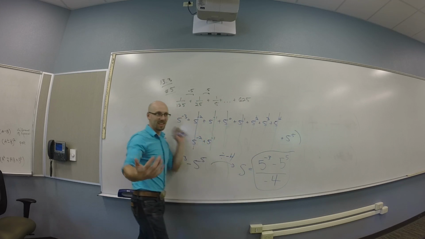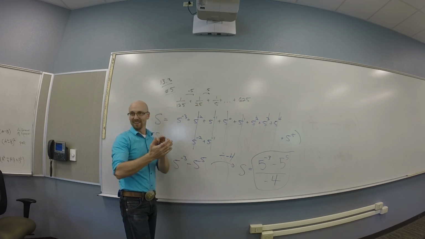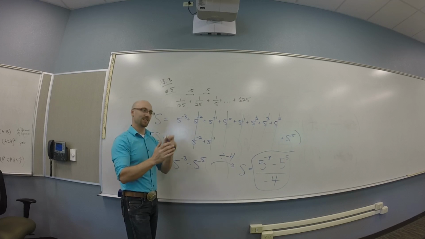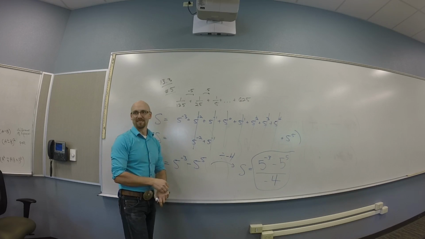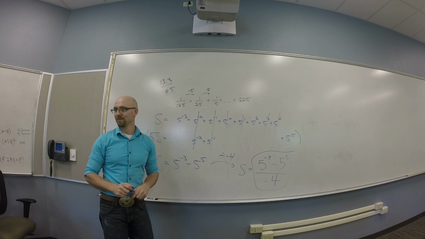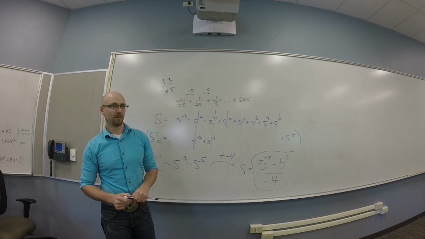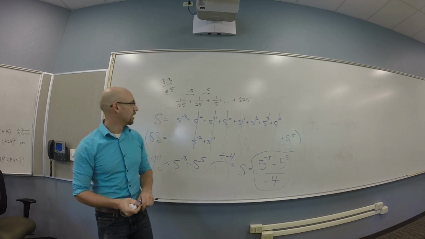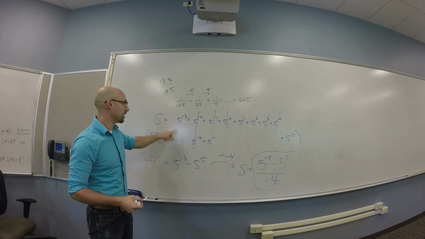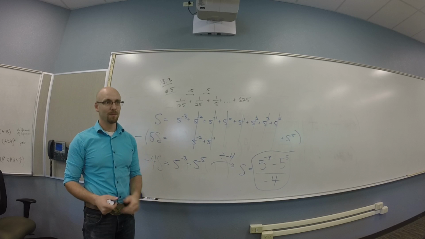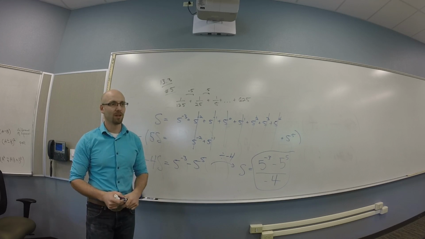It's just like a telescope when you put it away. The only thing you're left seeing is the first thing and the last thing. Questions? Yes. So in general, that's the trick I use: just remember how the formula came into being. Don't try to use the formula.